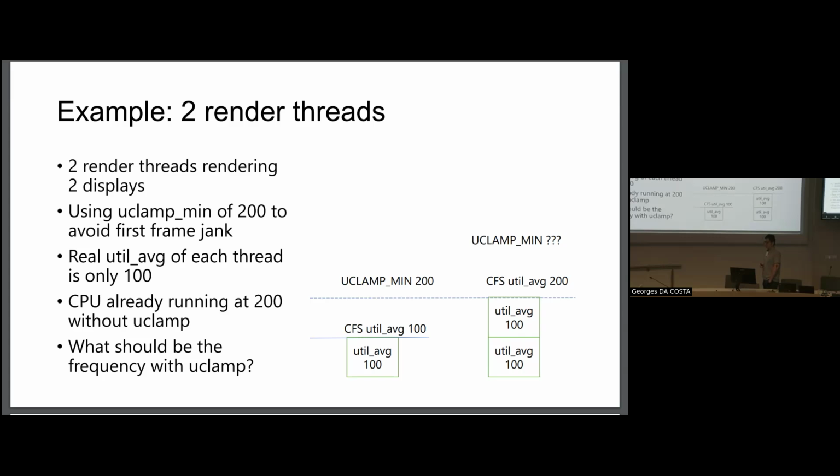And so we put things into groups, where a bunch of tasks in the pipeline, and we say, oh, this group of tasks needs to run that fast to make sure that, no matter which CPU they are on, we're going to be running fast enough. Without that, we would just break the fundamental principle of Uclamp. So I think, yeah, if you don't have that, co-scheduling with Uclamp makes it pretty much useless.